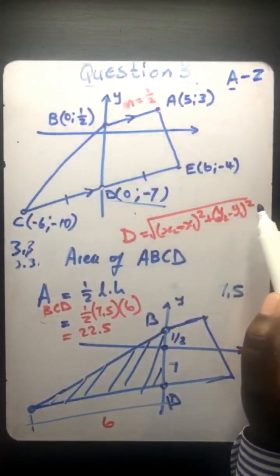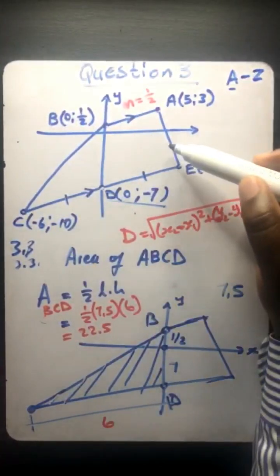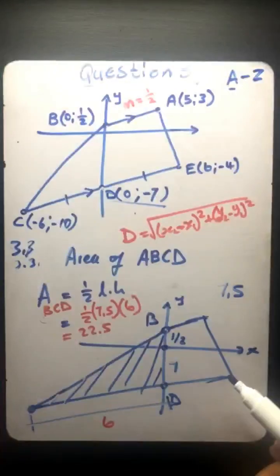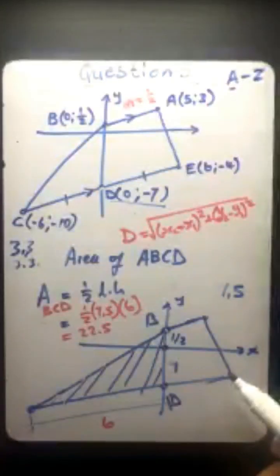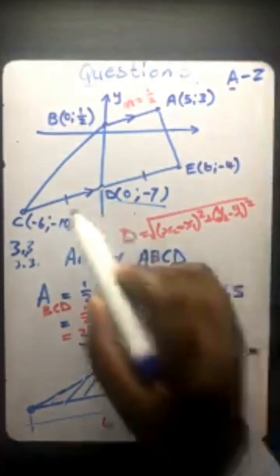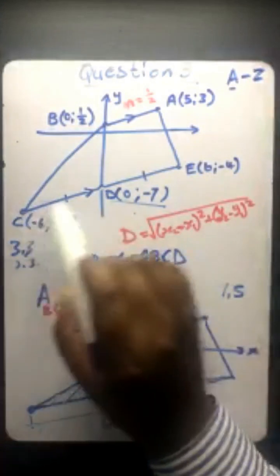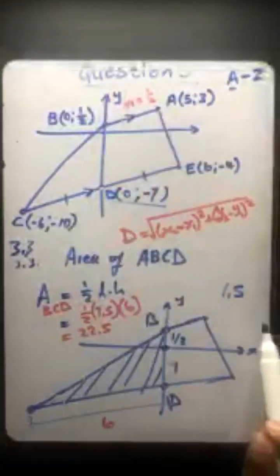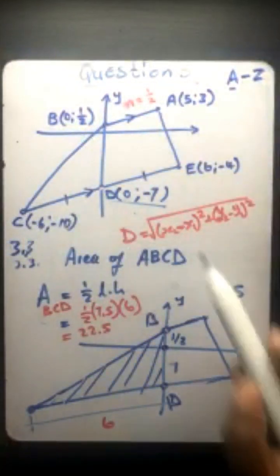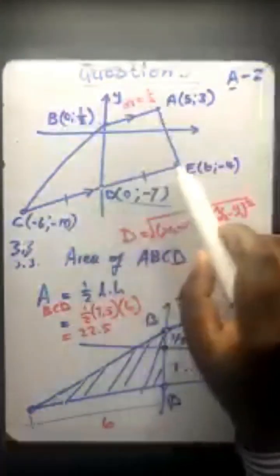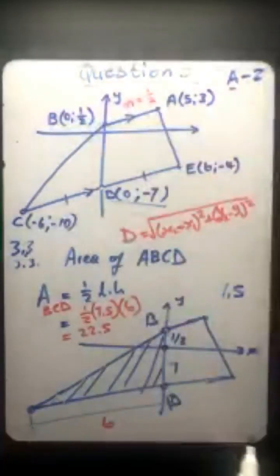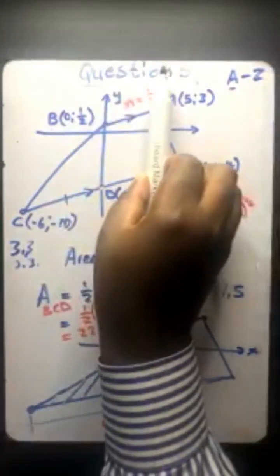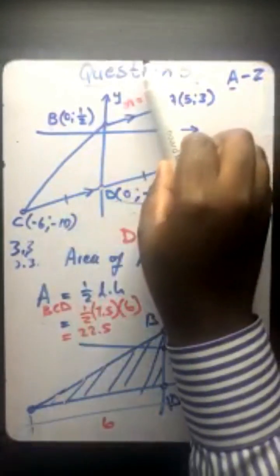So my question was, is this remaining part a rectangle, a square, or none of the above? The honorable member said none of the above because she realized that even though from there to there equals from there to there, it doesn't mean the other sides are equal. Also, this is a vertical line, but this one is not a vertical line, it is at an angle.